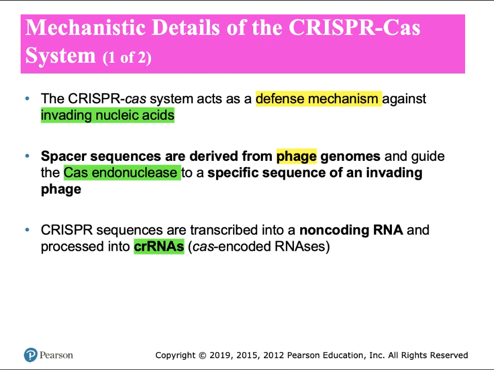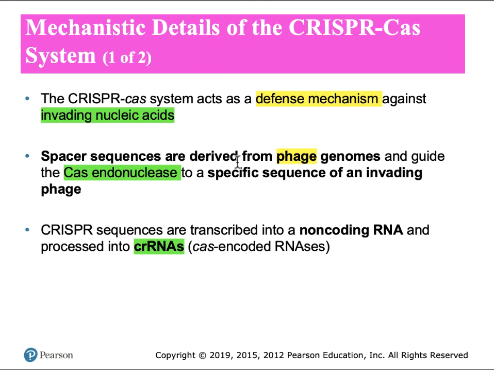It is now known that in these bacterial cells, the natural function of the CRISPR-Cas system is to defend the bacterial cell against invading nucleic acids, namely from viruses. The spacer sequences are basically historical records of old infections that this particular cell has beaten.